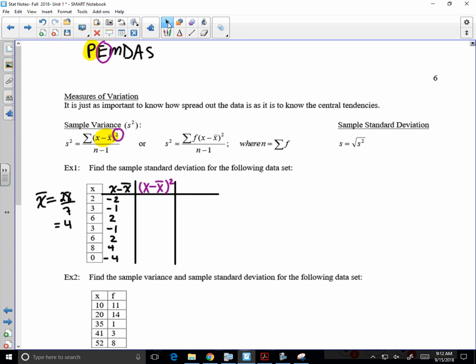But the real reason is because there is a whole world of inferential statistics, the 3rd unit of the course, that's built around the standard deviation. So that number corresponds to certain properties that exist in nature.